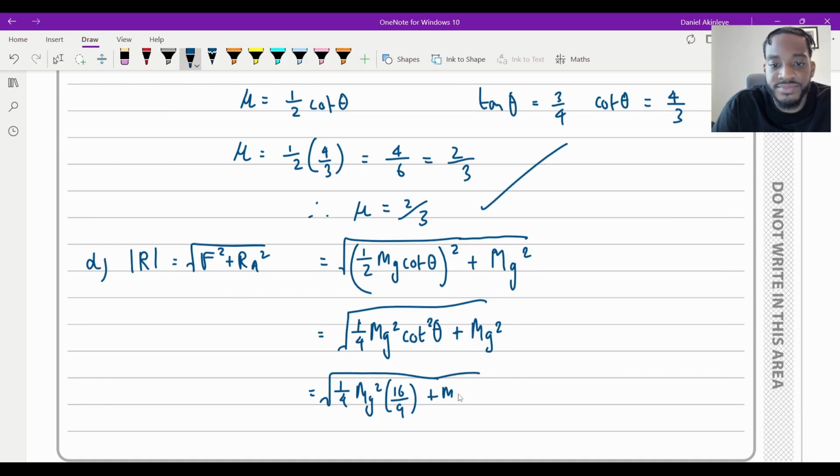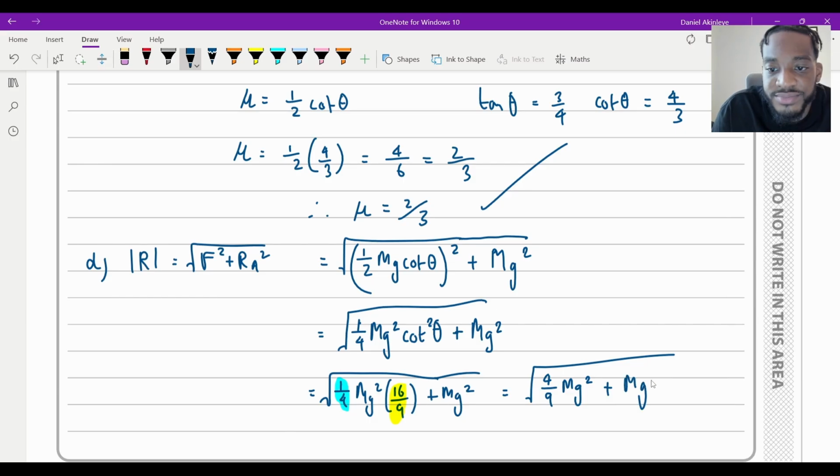Now tidying this up here, what do we get? We've got 1/4 here, and we're timesing it by 16/9. The 16 and the 4 will make a 4. This will just be 4/9. This is going to be 4/9 mg squared, and then plus the mg squared.